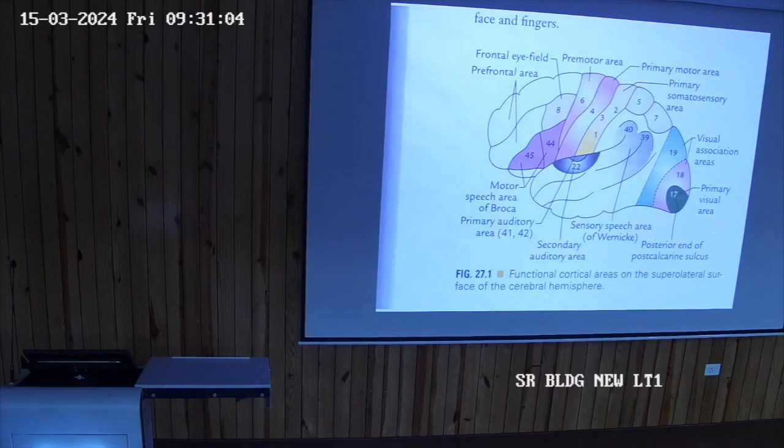When we see a person or any object previously, and then we are seeing that person or object a second time, the first time when we are seeing, the sensation reaches the area number 17. The first time you see, that sensation passes to the primary visual area 17. Okay. Second time when we are seeing that, then the area number 18 and 19 act.